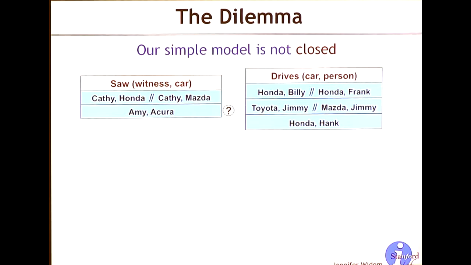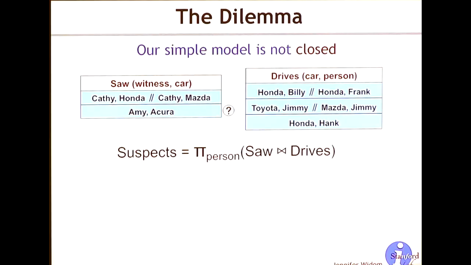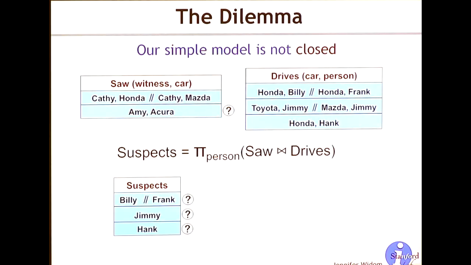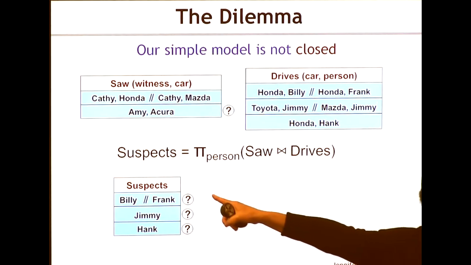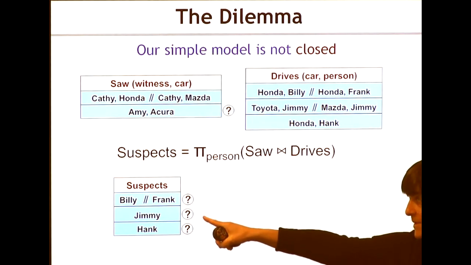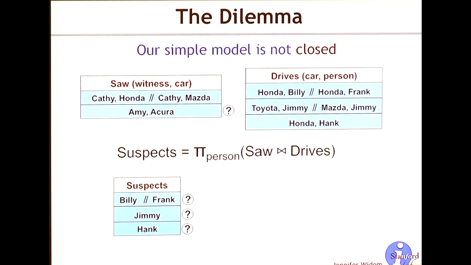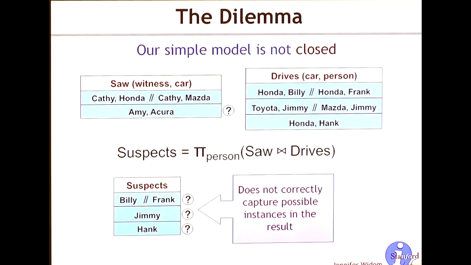Okay? All right, so now we want to generate our suspects, so we're going to join these 2 tables. And when we join these 2 tables, this is what we get. We get that Billy or Frank might be a suspect, Jimmy might be a suspect, and Hank might be a suspect. And if you think about it, that's what you'll get when you do this join, except this does not correctly capture the instances in the result.